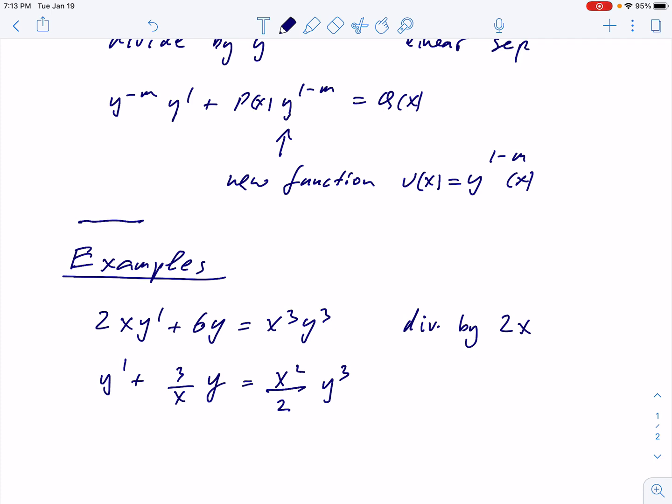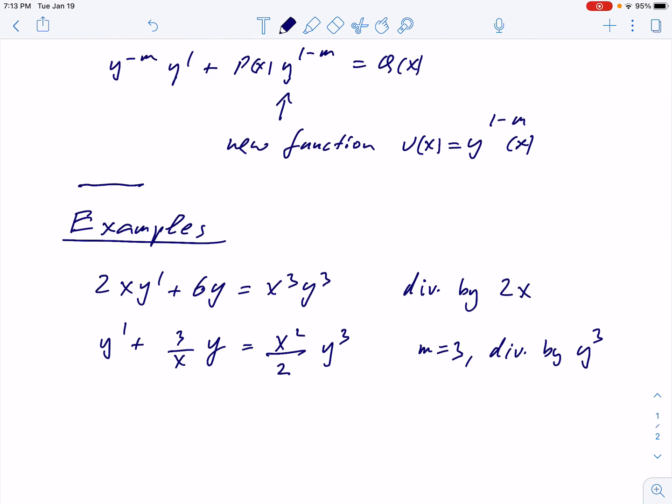We apply our special procedure. So here m is 3. We divide by y cubed both sides. The equation becomes y to the negative third times y prime. Instead of writing a denominator, I prefer to write with this negative power.